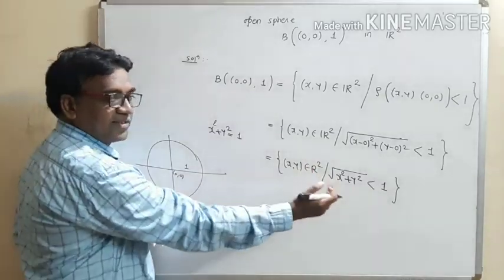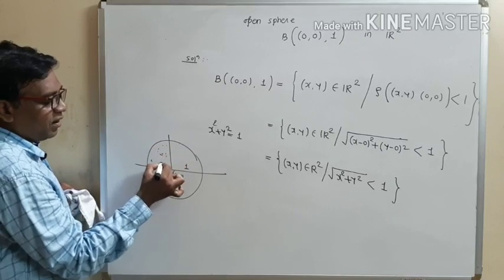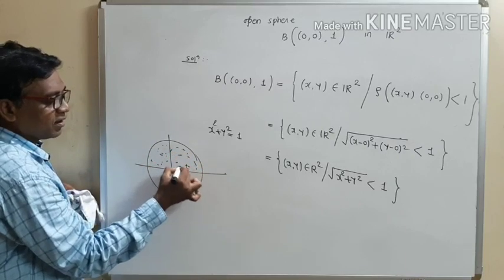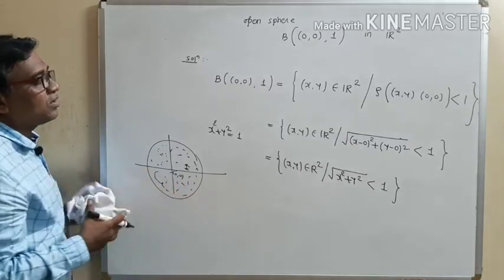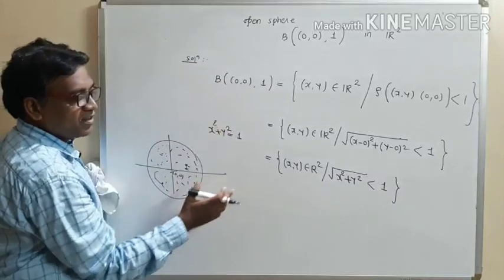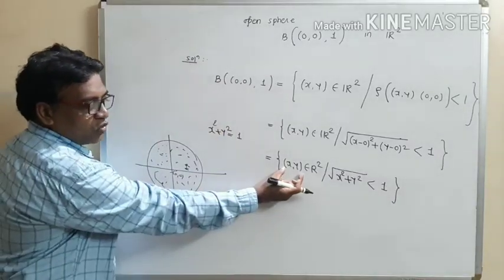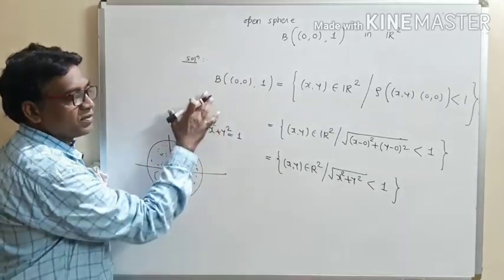And we require less than 1. Less than 1 means the set of all those points which lie inside the circle. So this is our open sphere. So see what the open sphere in R2 is: it is nothing but the set of all those points which lie inside the circle.